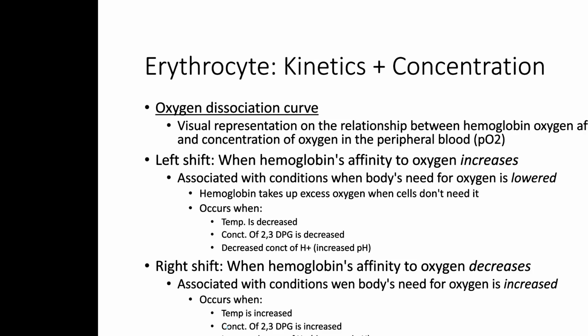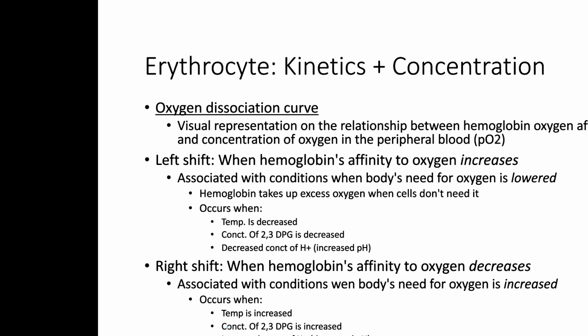So this is where I talk a bit about kinetics and concentration. This is represented by the oxygen dissociation curve, and it's just a visual representation between hemoglobin oxygen affinity and concentration of oxygen in the peripheral blood. When you have a left shift in the dissociation curve, then hemoglobin's affinity to oxygen will increase. And this is usually associated with any sort of condition where your body doesn't need as much oxygen.